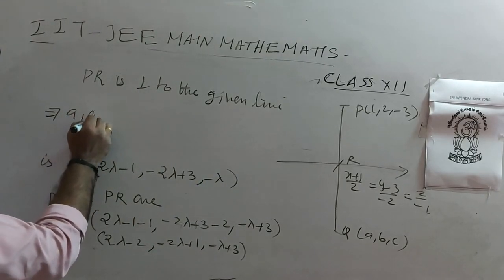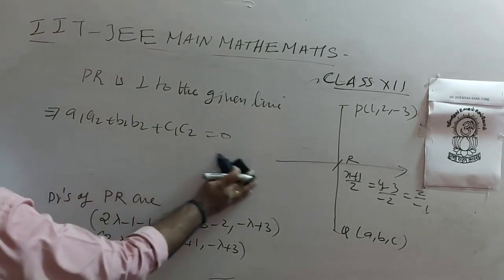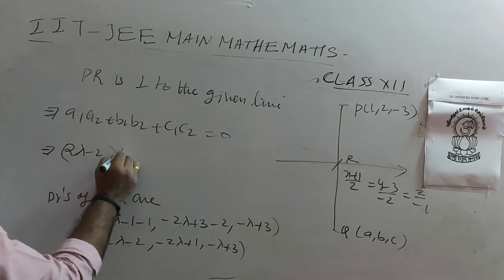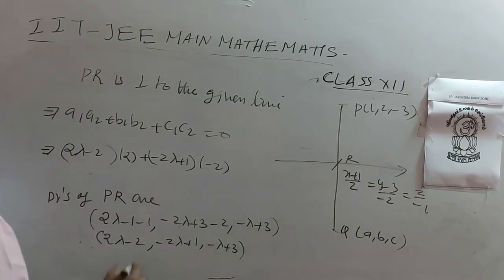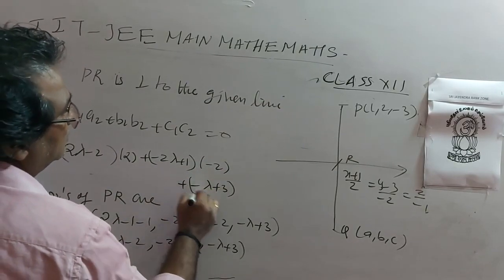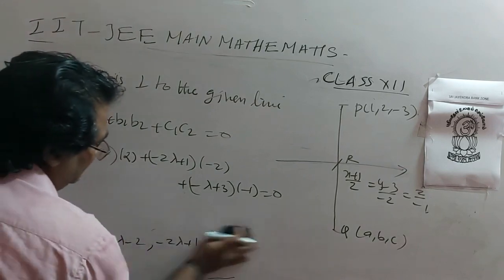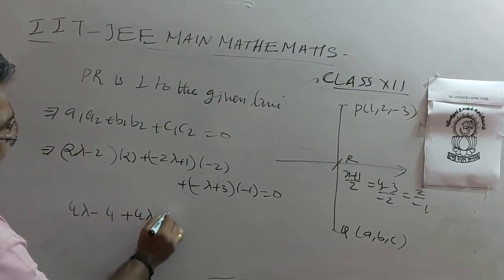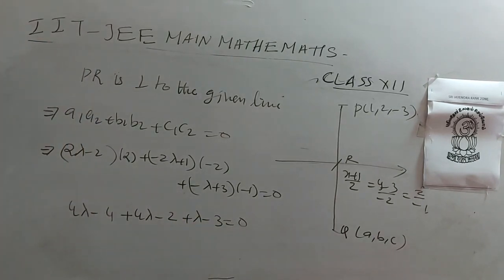Which implies a1 a2 + b1 b2 + c1 c2 = 0. (2 lambda - 2) into 2, plus (-2 lambda + 1) into -2, plus (-lambda + 3) into -1 equals 0. So 4 lambda - 4 + 4 lambda - 2 + lambda - 3 = 0.